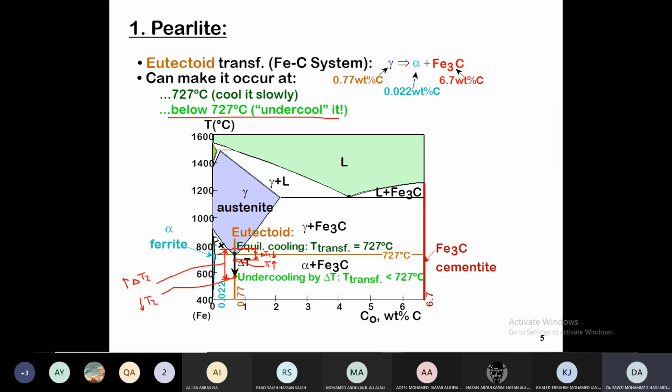When we do a small jump in the temperature, you will have a small decrease in the temperature, and only some spots actually nucleate. In some spots, the new phase is going to nucleate.